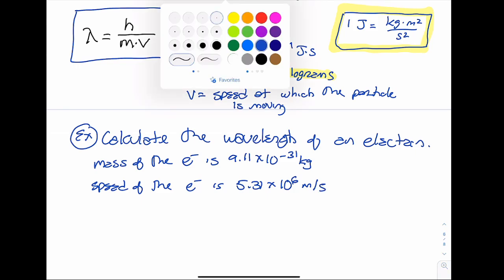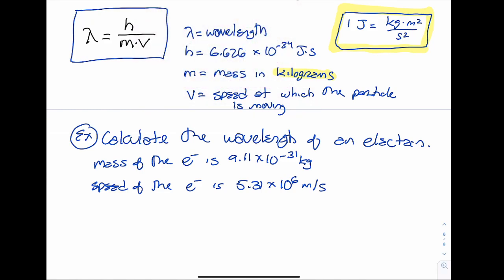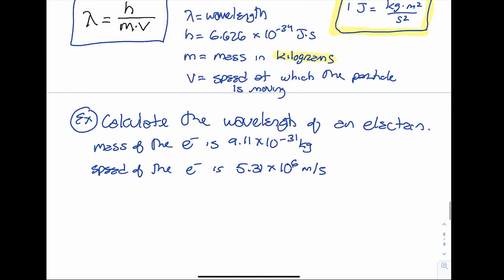So this one's pretty straightforward. I don't have to do any conversions because I have the correct unit, so I can just plug it into my equation. So my wavelength is going to be equal to Planck's constant. And I am going to write joules out so you can see how the units cancel. So instead of putting a joule times second, I'm going to write a kilogram multiplied by a meter squared over a second squared, and then that's multiplied by seconds.